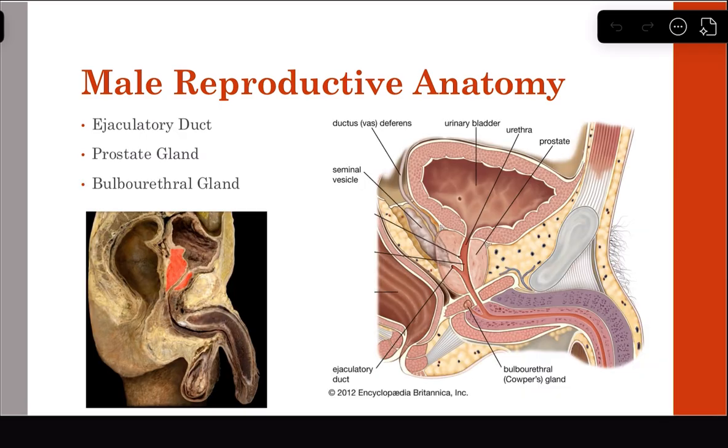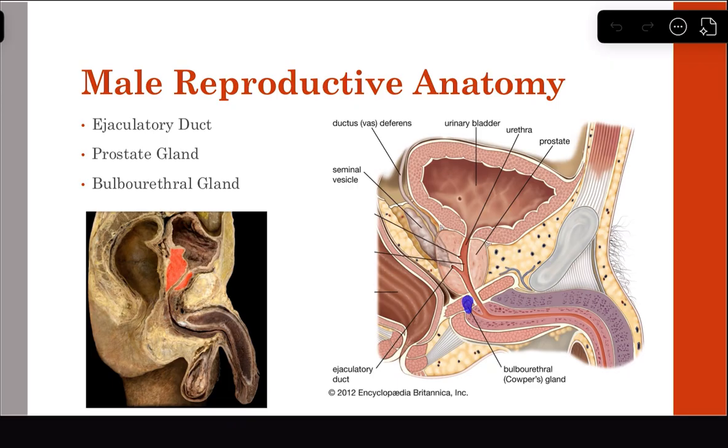Again, here we have the ejaculatory duct, right? You have that prostate gland we can see over here in red. We have on the left in red the bulbourethral gland, which is this little tiny dot on the right that you can see over here.